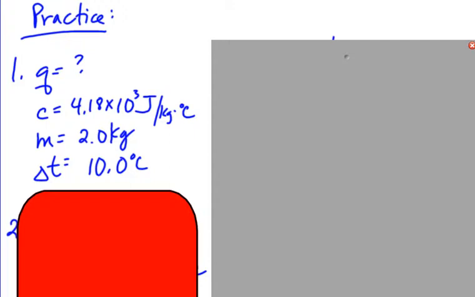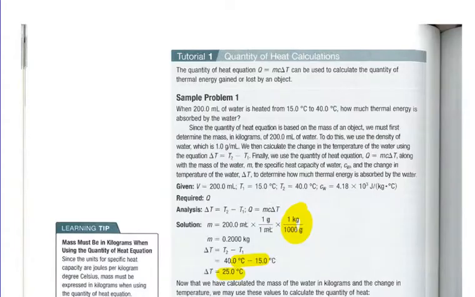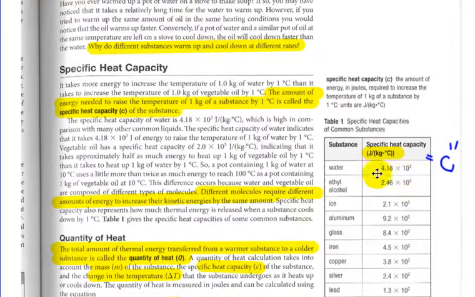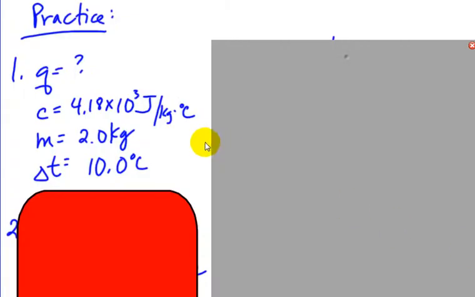We don't have a final or initial temperature, just the difference. Mass is 2.0 kilograms. It's water, so the specific heat of water is 4.18 times 10 to the 3 joules per kilogram degree C.